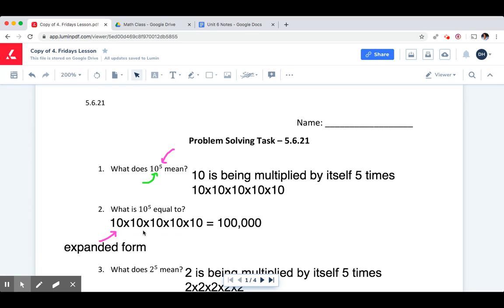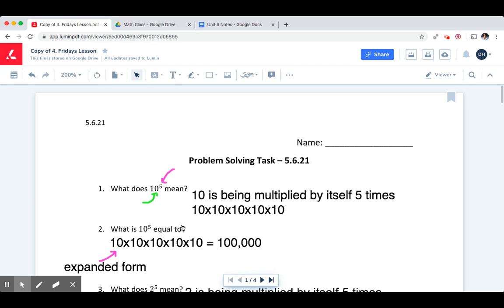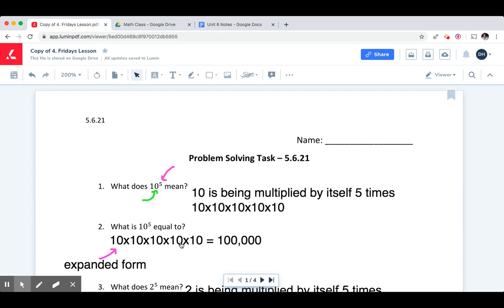So after rewriting my number sentence in expanded form, I can solve it step by step. But in the beginning of the school year, when we learned about multiplying by powers of 10, we learned a shortcut. We learned that when you multiply by powers of 10, you'll add the number of zeros to your final product depending on how many zeros you have in your factors.